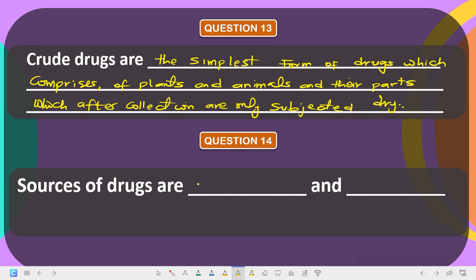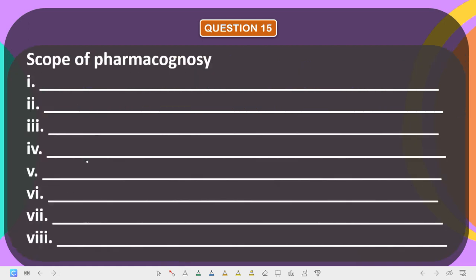Sources of crude drugs are, now crude drugs can either be purely synthetic, or we can have the drugs of biological origin. The scope of pharmacognosis.